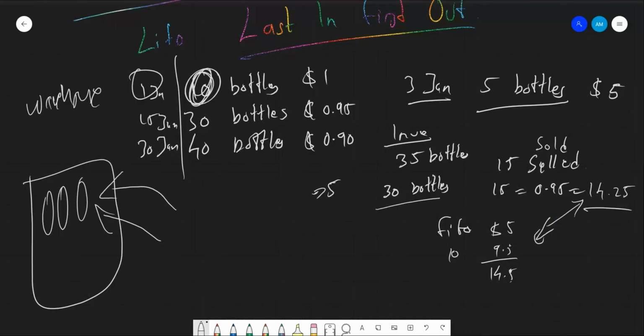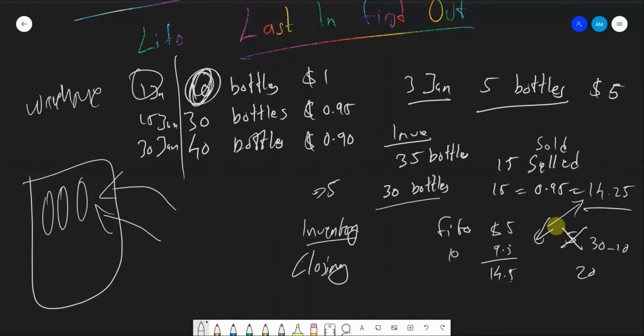But if you look at the inventory that we have remaining, what we call closing inventory, the stuff that we still have in our warehouse, the cost of that is very different. If we did it through FIFO, we would have eliminated the 5 that we have in the warehouse. That's gone. And out of the 30, 10 goes away.